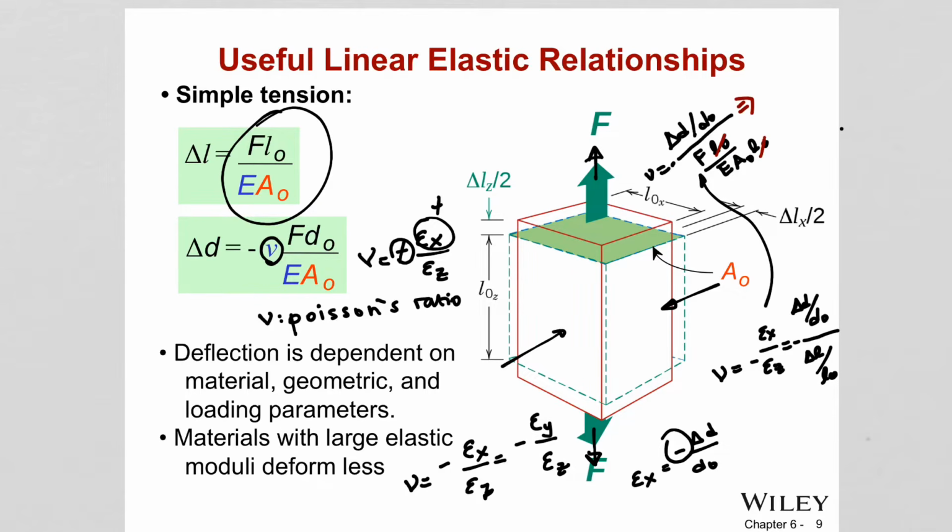If we solve this for delta D, it should give us minus V times F times D naught over E times A naught, right? So that is this equation here. So basically it again shows you the lateral dimensional change depends on the forces. Besides forces, the dimensions of the material.